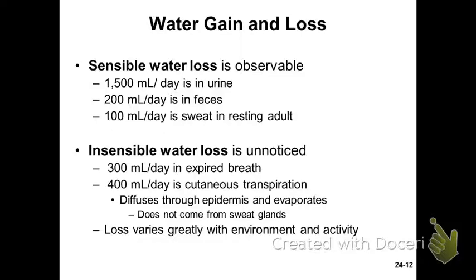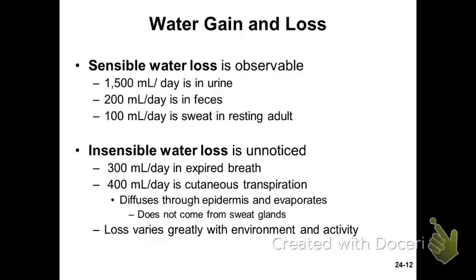Now, insensible water loss is water loss that you cannot necessarily see. It goes unnoticed. As you breathe out, you're losing about 300 mils of water every day just from your expired breath. You know that you can fog up a mirror because there's moisture in your breath. There's about 400 mils a day of cutaneous transpiration.